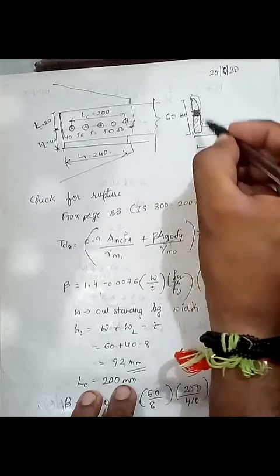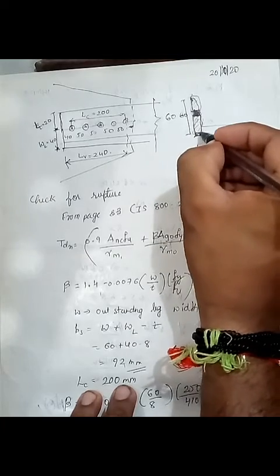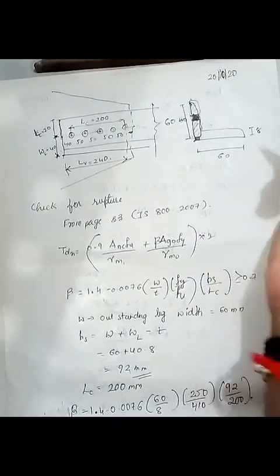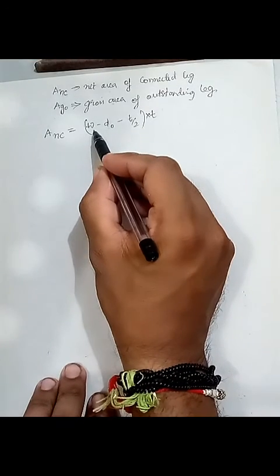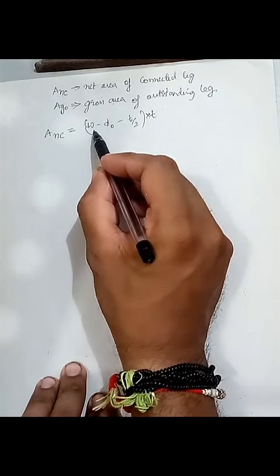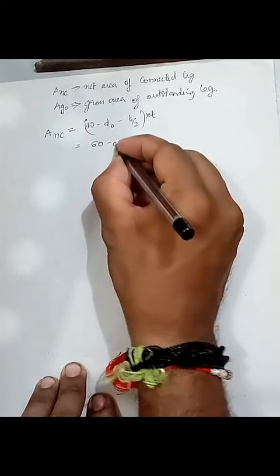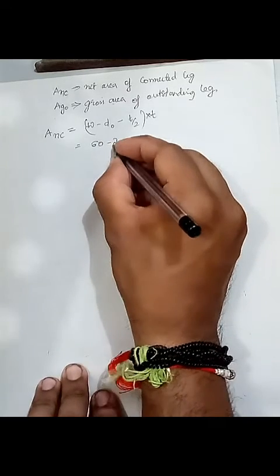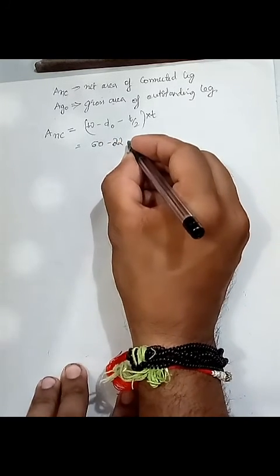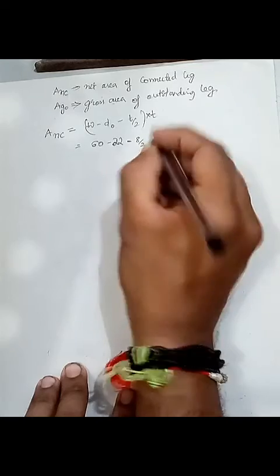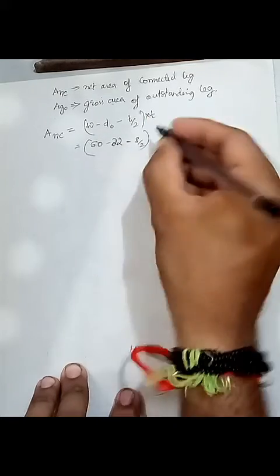You can see here W is the width, which is 60. So 60 is the total width, from that I have removed the bolt hole diameter, minus 8 by 2, that is the bottom thickness whatever I have shown, and that length into thickness gives you the area. So 272 mm square is the ANC.